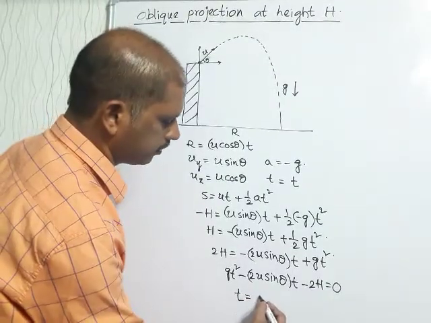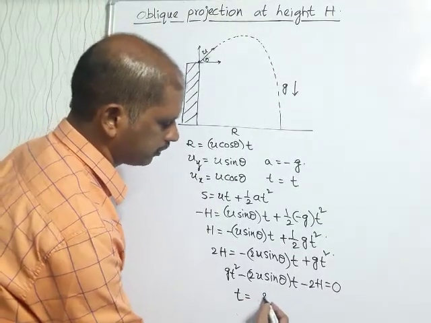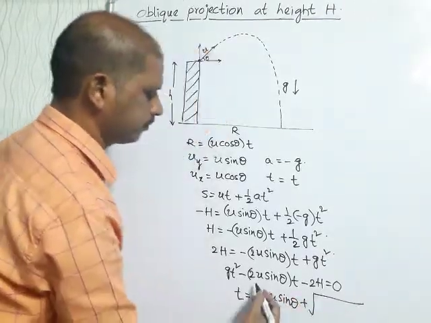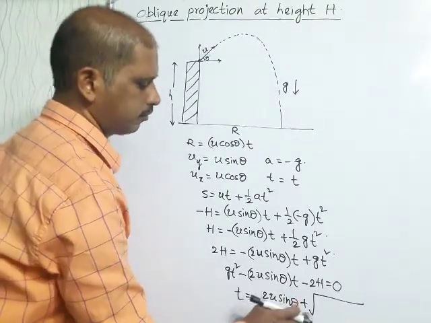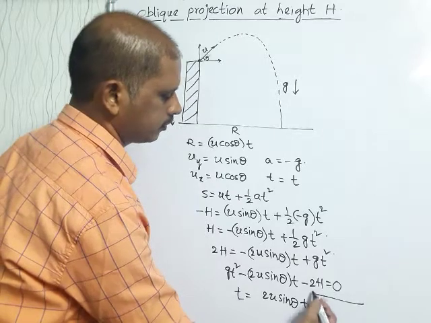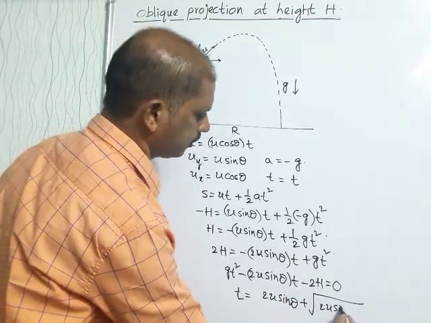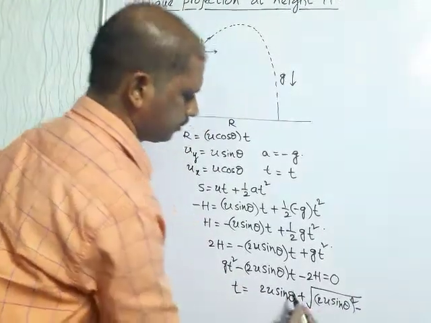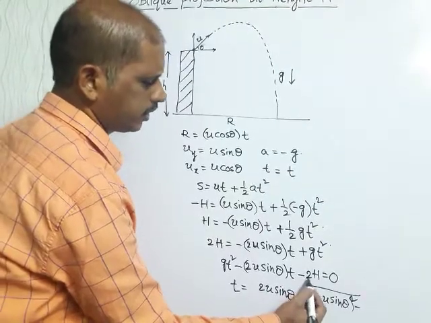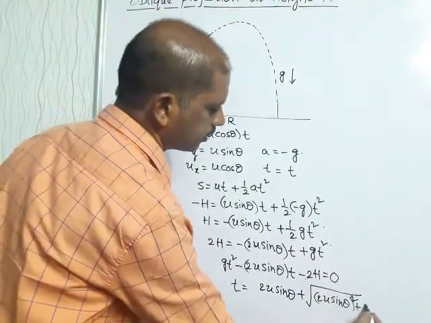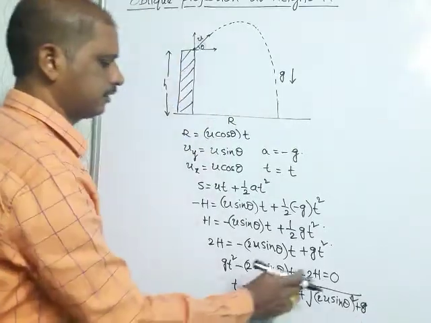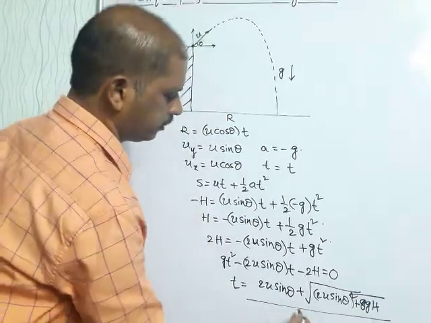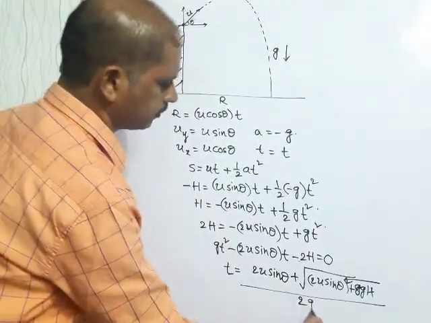So minus b means minus of minus 2u sin theta, that is 2u sin theta, plus or minus square root of b square, that is 2u sin theta whole square, minus 4ac. 4ac means minus 4 into 2, that is 8 into gh, by 2a, 2 into a is g.